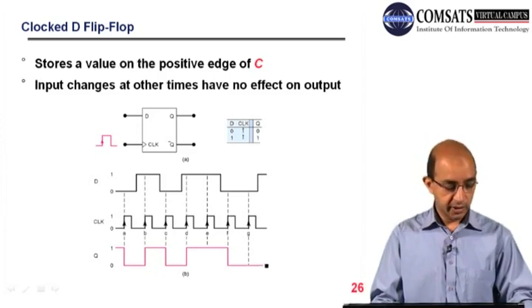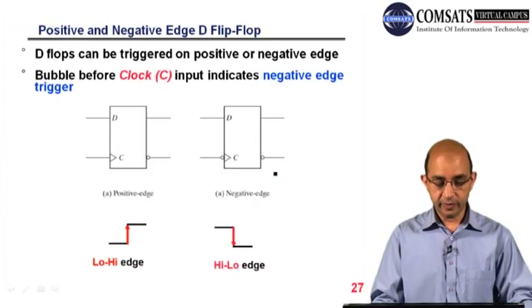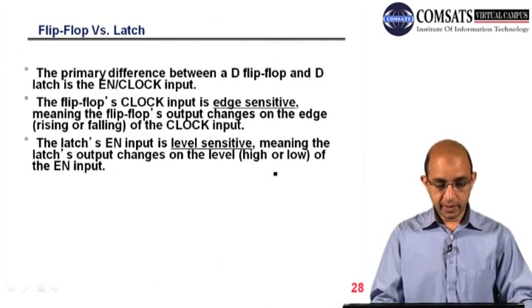So this is the timing diagram for a clocked D flip-flop. This is the same, but we have added something new. Here you can see that this is the key difference: enable and clock input.